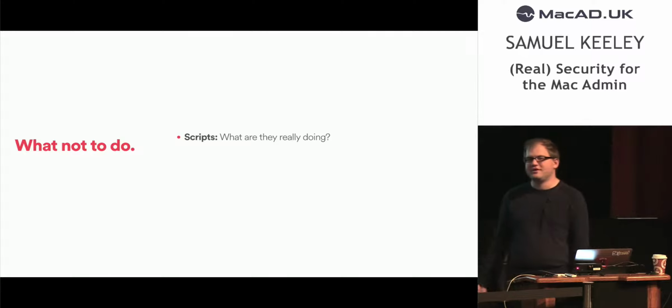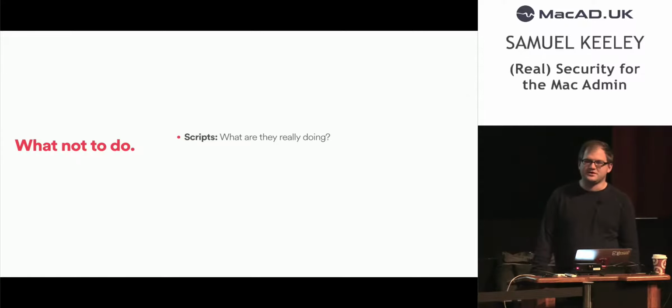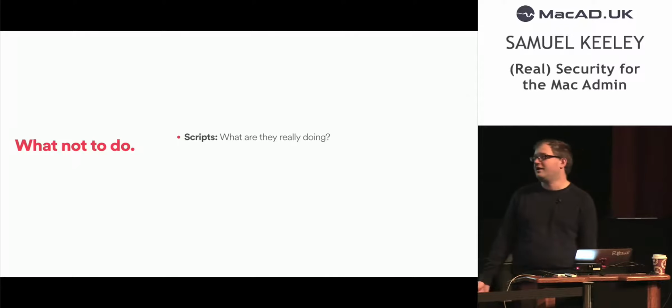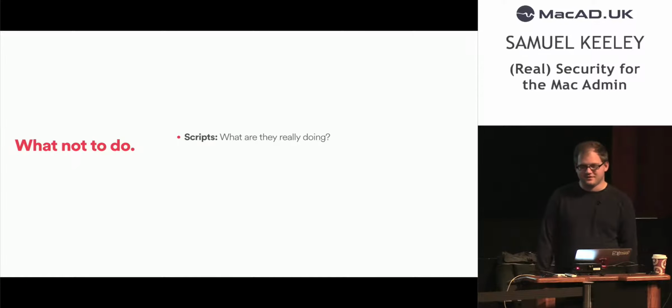So what really is the difference between your machine before you ran the script off the internet and the state after you did? And of course, we all run some scripts that don't really work. But when they didn't work, what did they actually do to your machine?